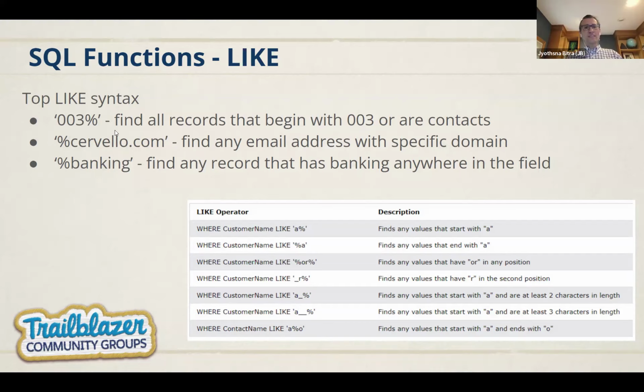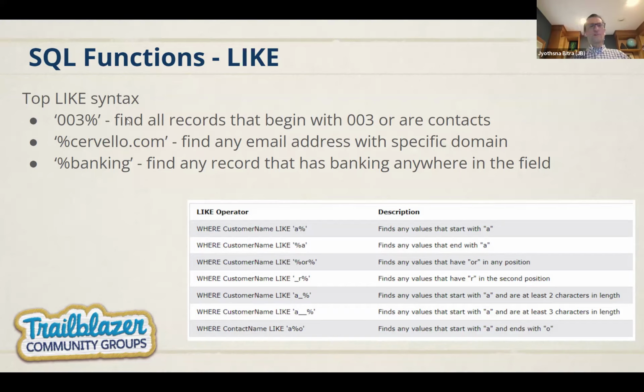Here's an example where you want to find all records that begin with 003. So you can go down to this like chart and say, I want any values that start with A. The syntax for that is like, single quote, the value you're looking for, the % sign, and a single quote.